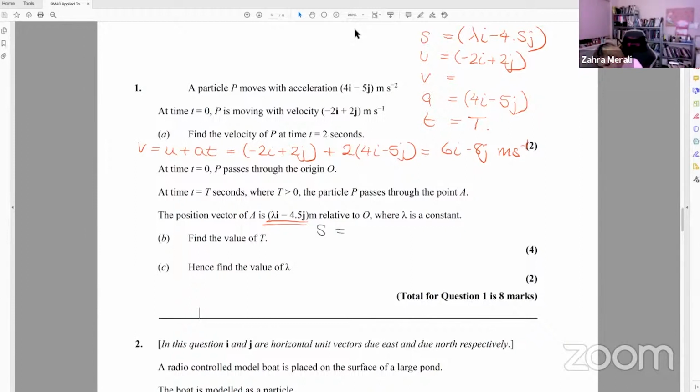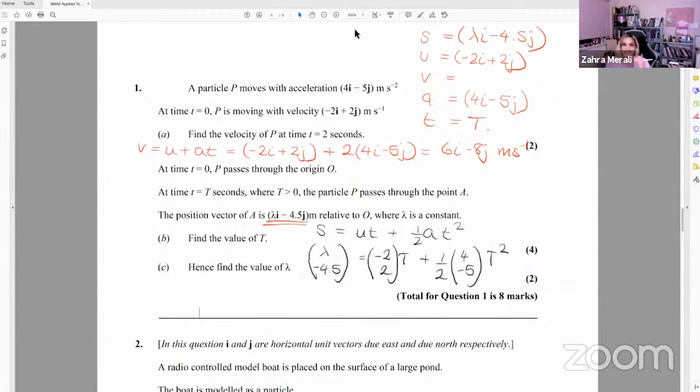So we're going to use s equals ut plus 1/2 at squared. So we're going to get lambda, -4.5 equals -2, 2 big T plus 1/2 of 4, -5 big T squared. If we have a look, we can consider the i's and the j's separately.